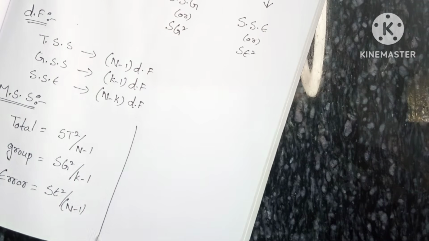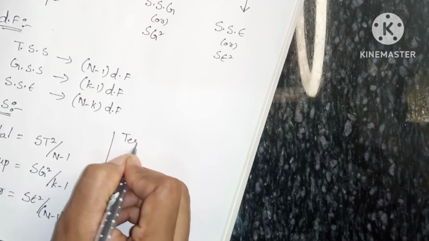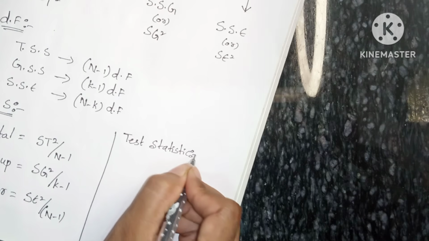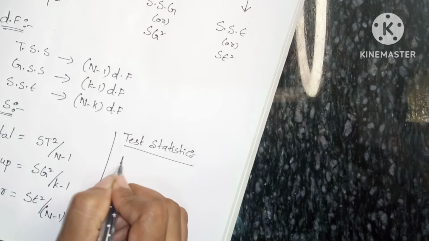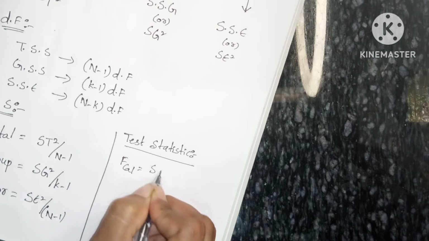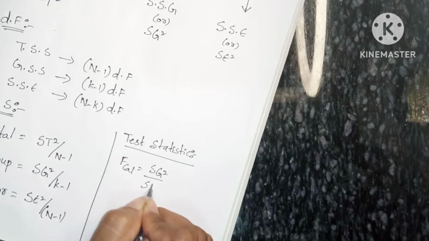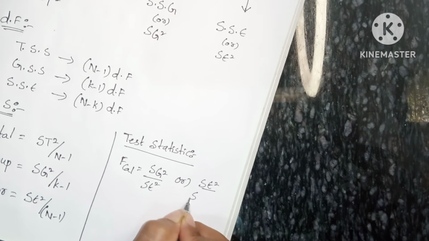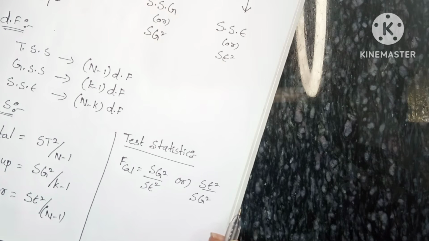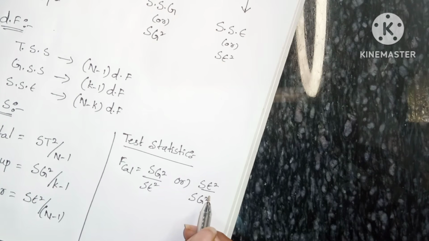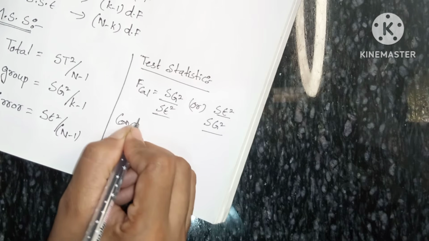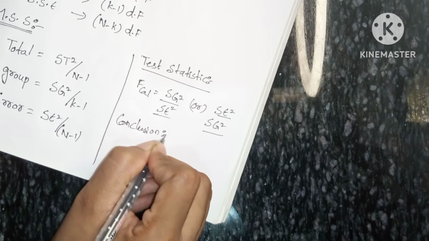And last, test statistic. F calculated equals to SG square by SE square, or else SE square by SG square. So which is greater, we have to keep it in numerator. So that's why we can write or. So the final step is conclusion.